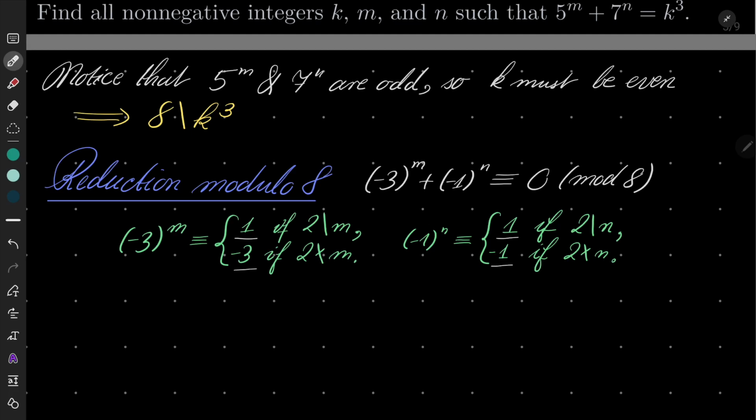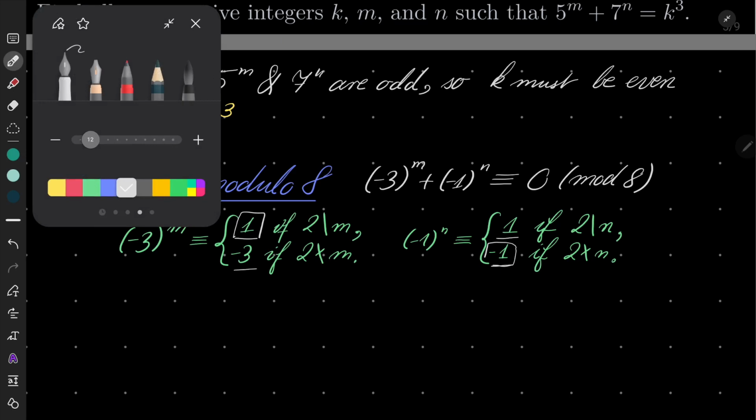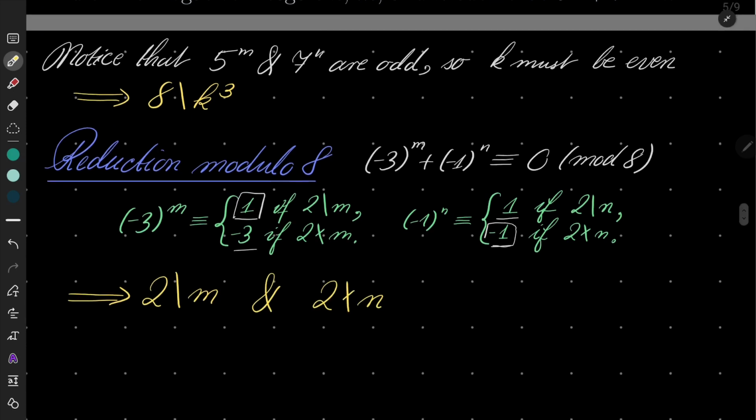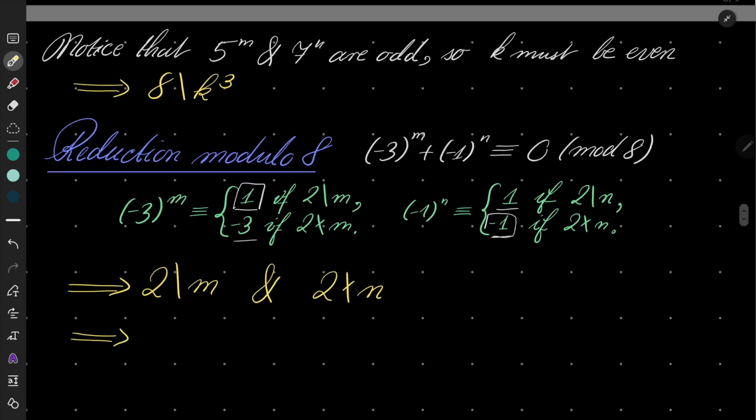Well, the only possibility is that here we have 1 and here we have minus 1, which allows us to deduce that 2 divides m and 2 doesn't divide n. N is odd. And one more obvious thing, which will be useful: since 2 doesn't divide n, n must be greater than or equal to 1. It's obvious, but it's worth pointing out.